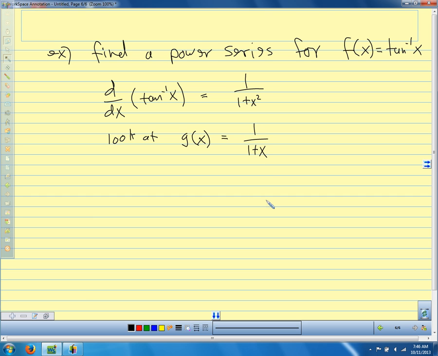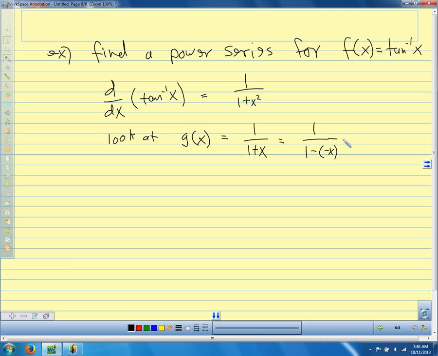Because one of my properties of power series was if we figure out a power series, we can then raise each term to an exponent to generate a new power series. So let's just look at this one. I'm going to rewrite this as 1 over 1 minus x.